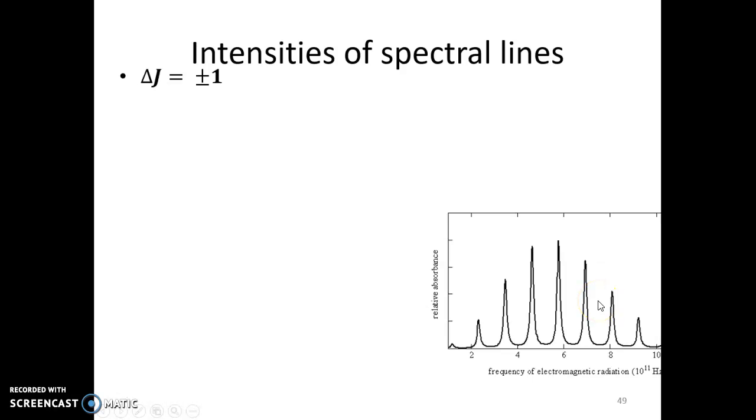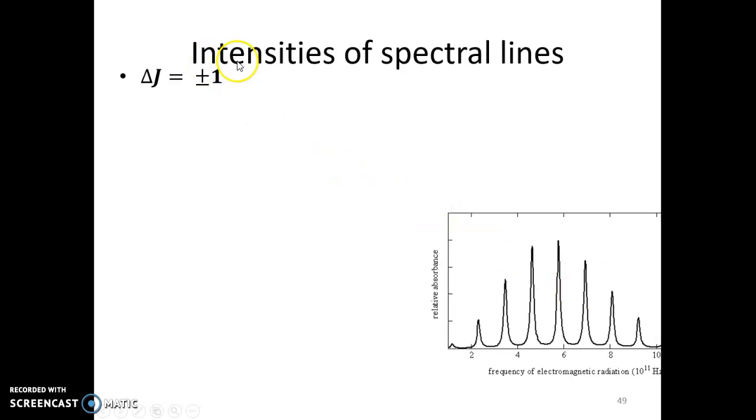And once we are able to calculate the separation of the lines, we can calculate the bond length by the relationship between the rotational constant and the moment of inertia.